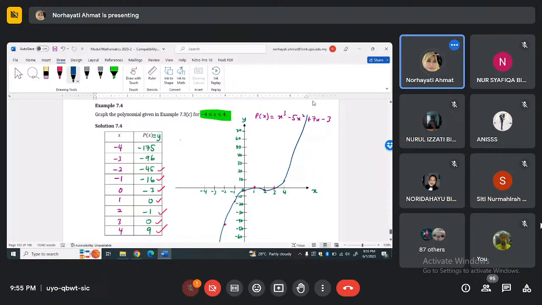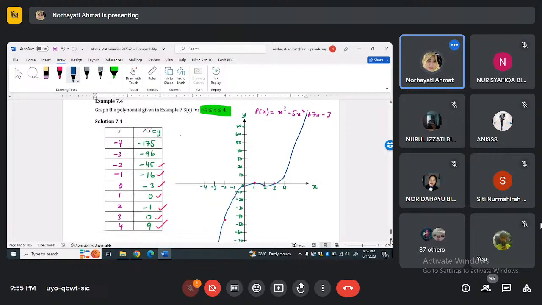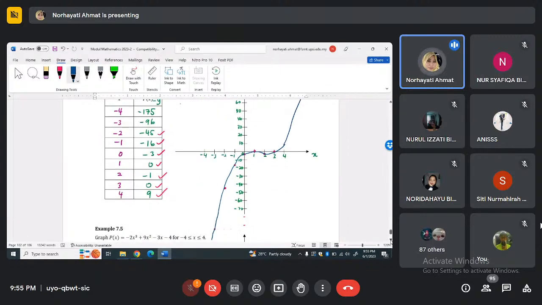Okay, increase for x infinity and decrease when x goes to negative infinity. Okay, boleh kelas? Okay, so sebab tu before you draw the graph, you need to find roots dulu. Okay, find roots and then get px for other x.